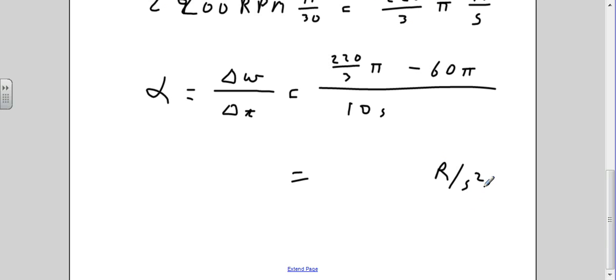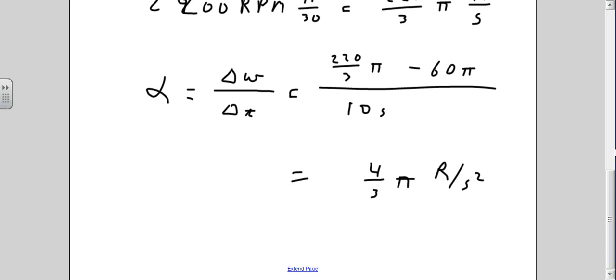All right, so what are we going to do about that? 220 divided by 3 minus 60, divided by 10, we'll change it back to a fraction, 4 over 3 pi.